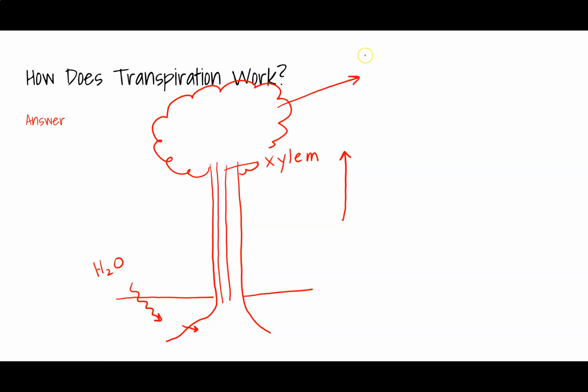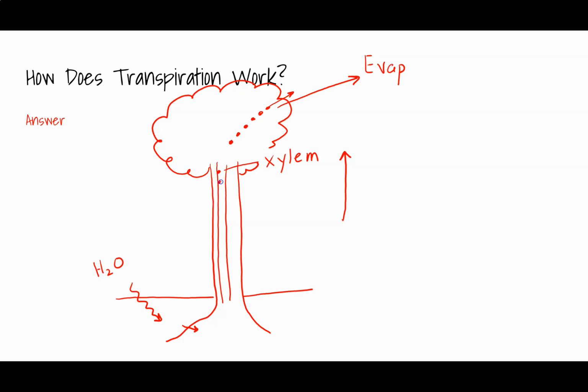When water evaporates, it's because of the sun, it's warm. Because water is polar, it's going to be attracted to its friends, its other water molecules. So let's think about them being linked in as a train. As one water molecule gets released out into the atmosphere, it pulls up its buddies because of these cohesive properties. And at the same time, these xylem are very, very thin tubes.